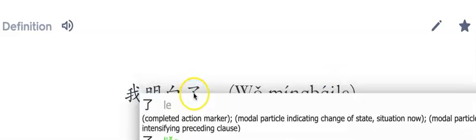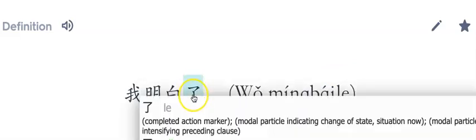If we look at this, it tells us it is a completed action marker. So it's not always an "-ed," but it means that something has already happened. And we're going to see this again and again. This is a very, very common expression in Chinese.